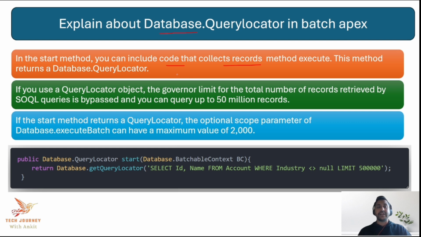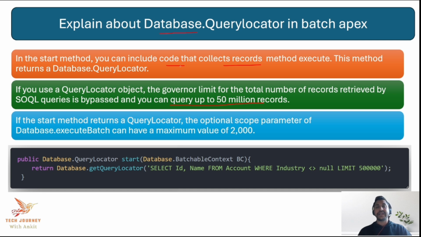The key part to identify with the Database.QueryLocator here is that by using this, you can query up to 50 million records. So in case you have a requirement where you have to directly make a query on the sObjects and fetch those records, prefer to go for the Database.QueryLocator.